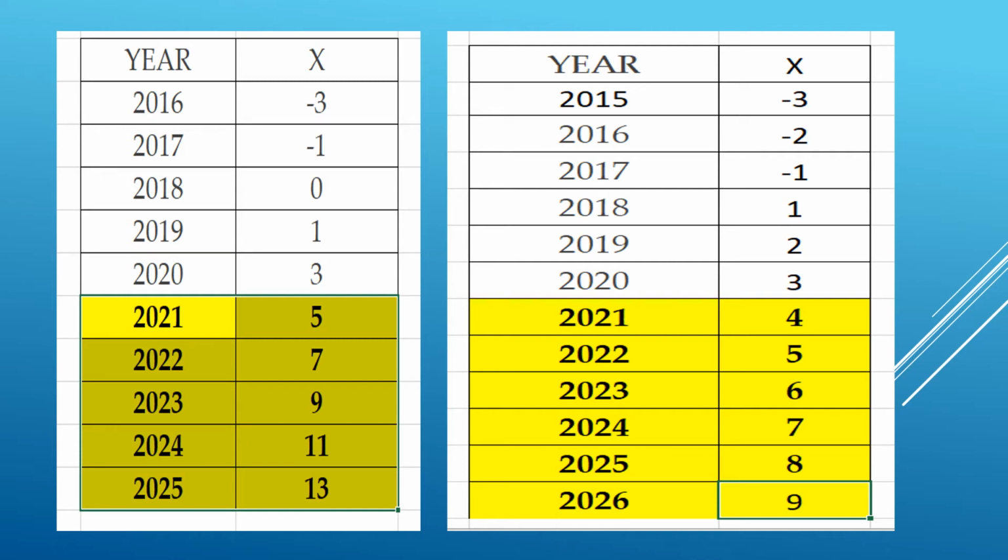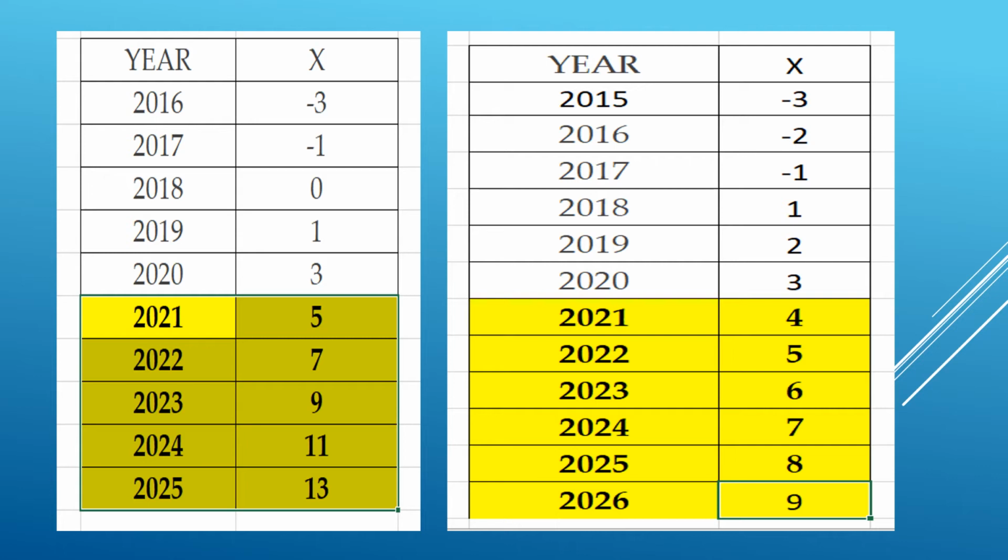Yan yung inassign natin na X. Then yung projection natin from 2021 to 2025, ididiretso lang natin. So since nagmula tayo sa odd number, nahinto tayo sa 3, next to it is 5, 7, 9, 11, and 13. So iyan yung ginamit natin para makompute si Y is equal to A plus BX.